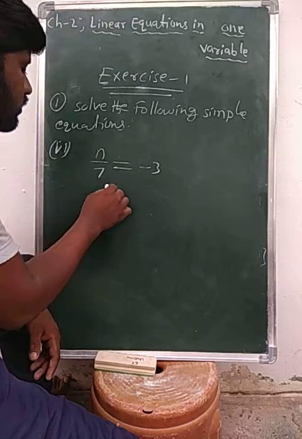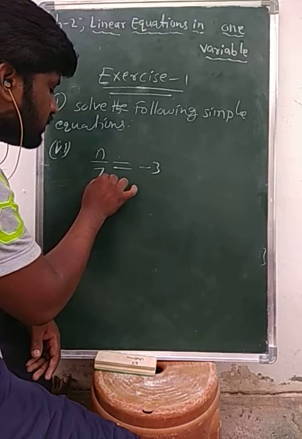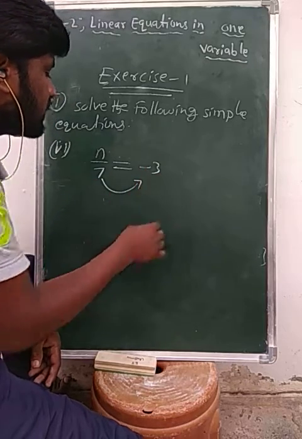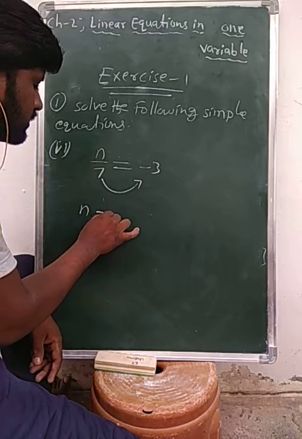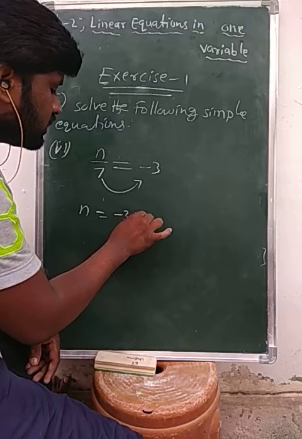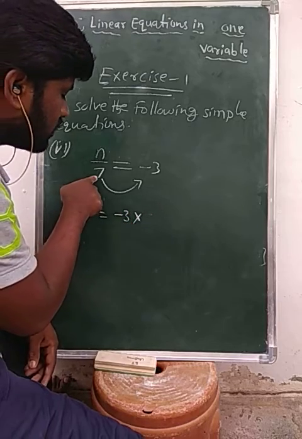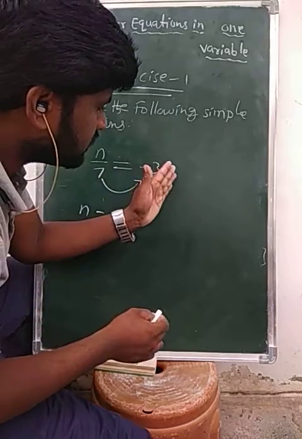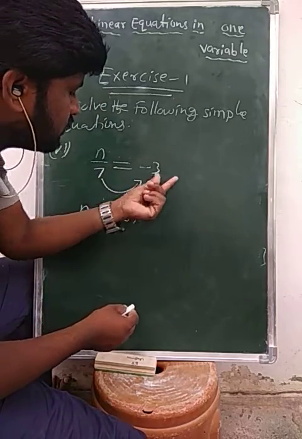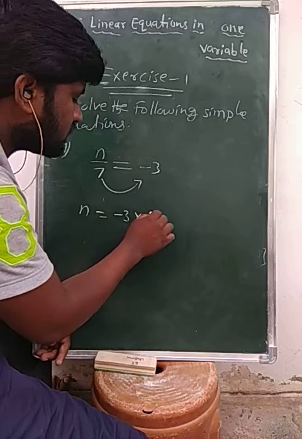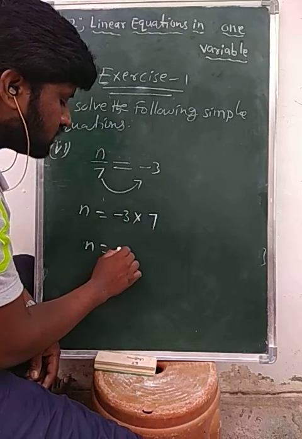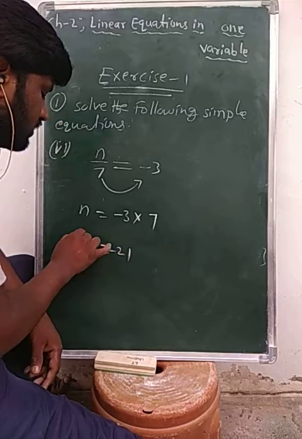Then I am transposing 7 to the RHS side. Transposing 7 from LHS to RHS, it becomes multiplication, since division quantity becomes multiplication quantity. n is equal to minus 3 into 7, that is minus 21.